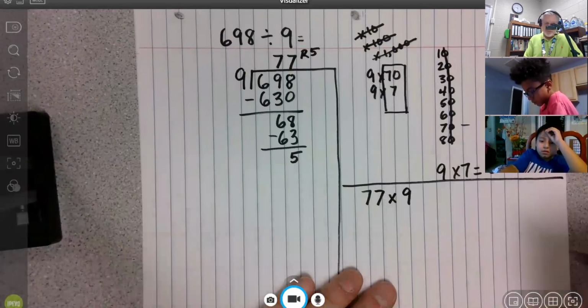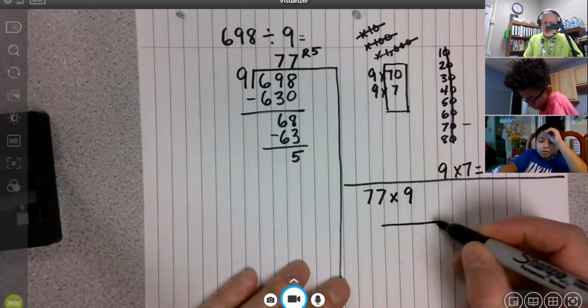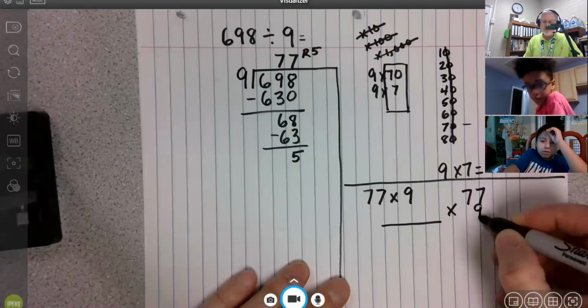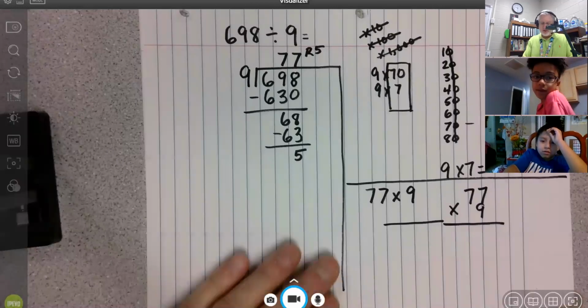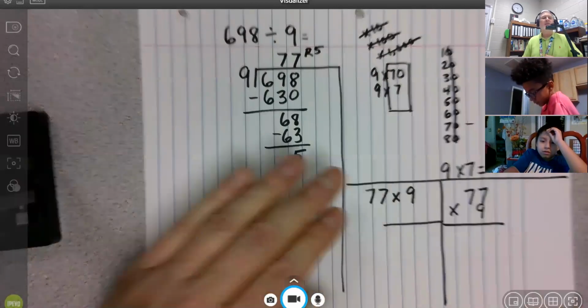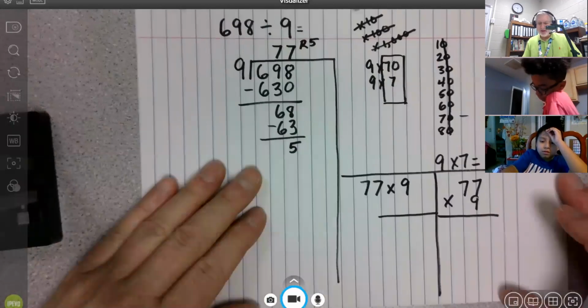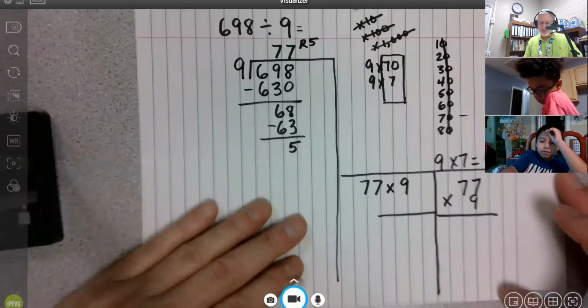Okay. Let's try the partial product. Remember partial product? Have you guys tried partial product? Let's try that strategy because we did that when we did multiplication.